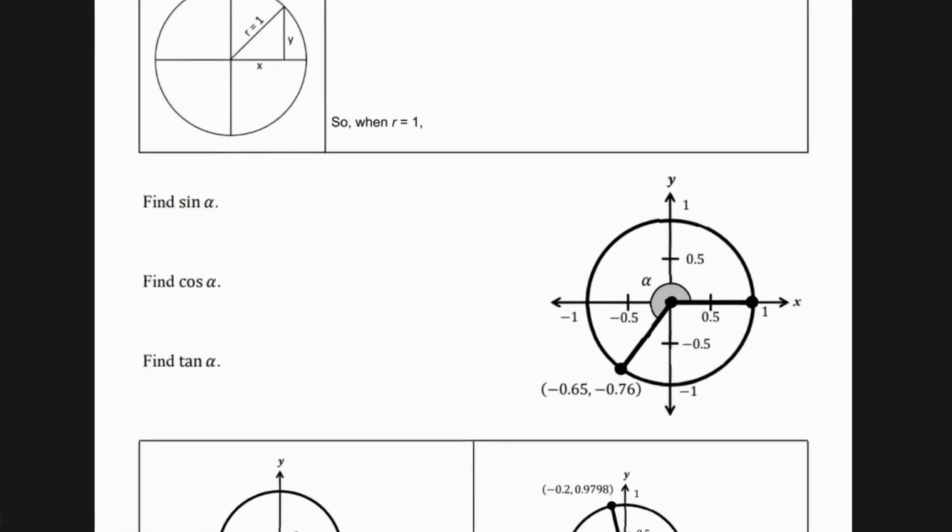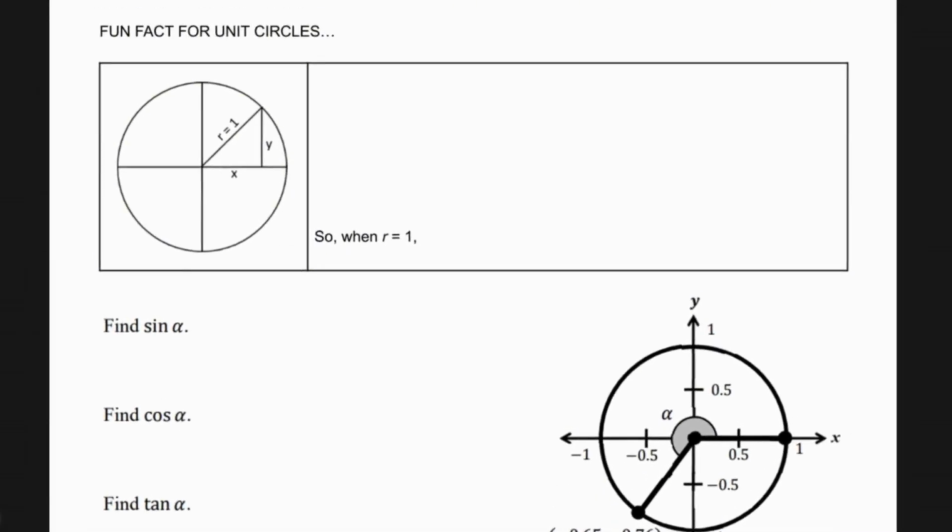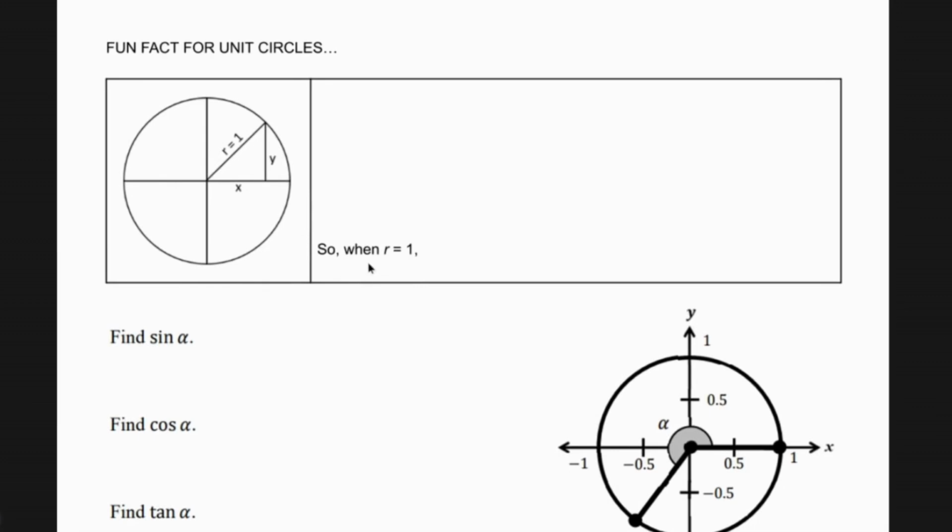Now, that was when we have any radius. What if I give you a unit circle when r is 1? Well, that would mean that sine theta, which used to be y over r, is now just y. And cosine theta, which used to be x over r, is now just x.